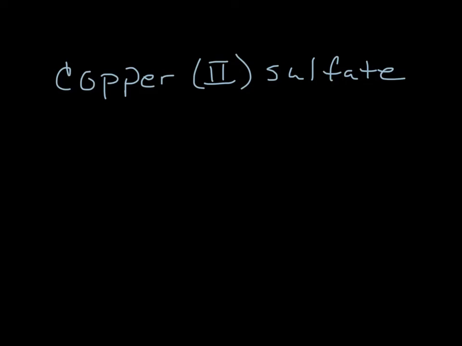So we have to work this out. Immediately, as soon as you see that Roman numeral, you know the charge on your copper. It's a +2. It comes right from there. And then, of course, we've memorized sulfate, haven't we, guys? All right, sulfate is SO4, and it has a charge of -2.